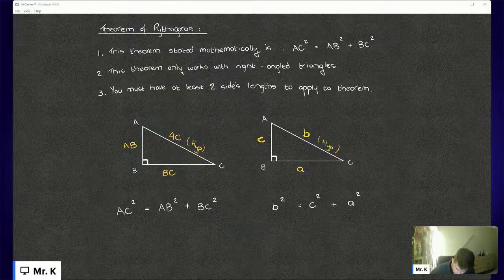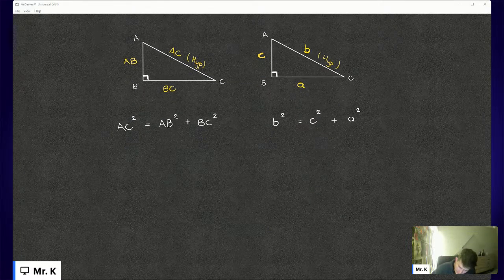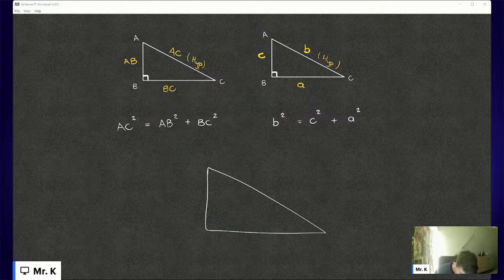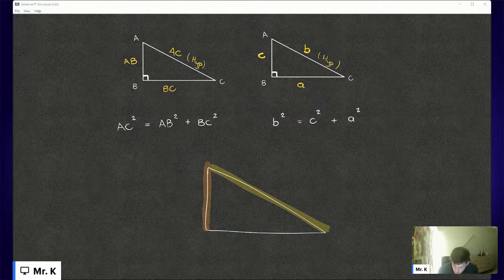So if we were to quickly think about a right-angled triangle, while the standard form of Pythagoras helps us to find this hypotenuse over here, we can also use Pythagoras to help us find the height of a right-angled triangle or the base of the right-angled triangle, right?